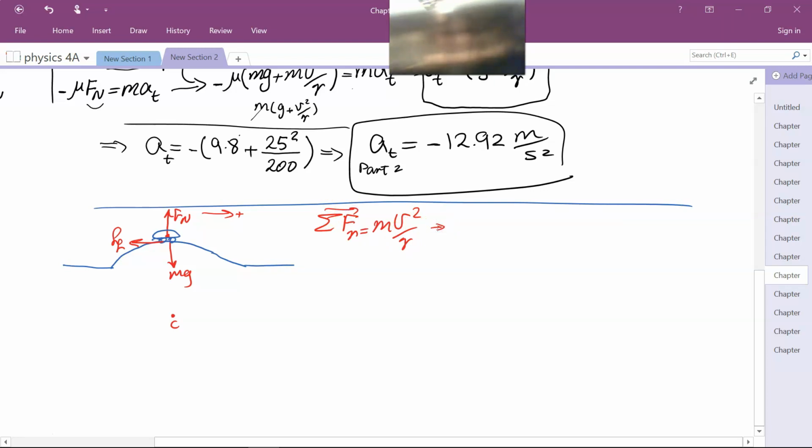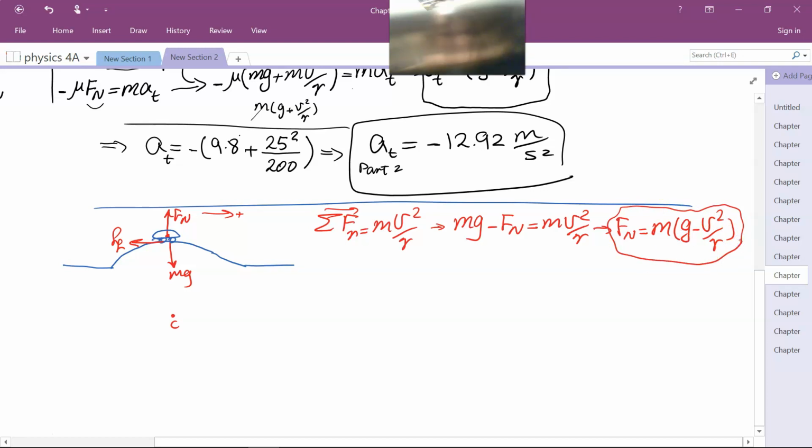How many forces do I have on the radial axis? mg is positive toward the center minus Fn equals mv squared over r. Therefore, what is Fn? Fn is m times g minus v squared over r. Move Fn over, move mv squared over r, factor with m, it will be that.